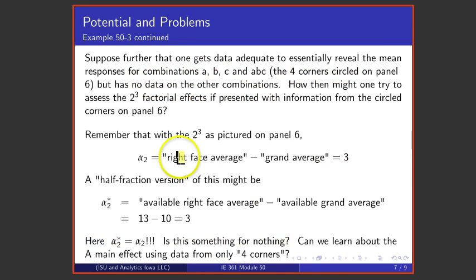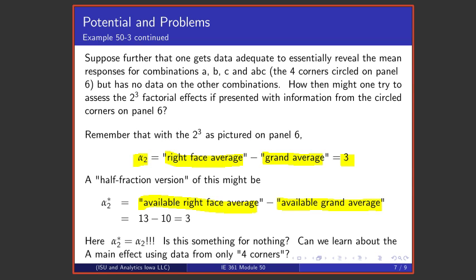That is, if the main effect of factor A at its second level, a right face average minus a grand average, is 3, I might consider taking the average of the 2 corners that I do have on the right face and subtracting the grand average of the 4 corners that I do have data for.